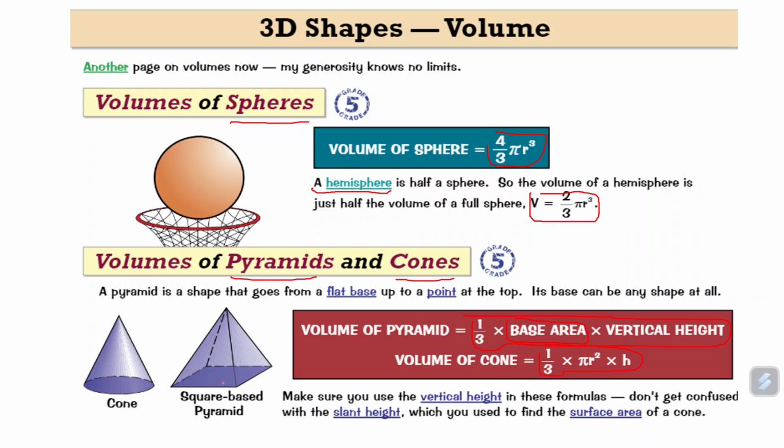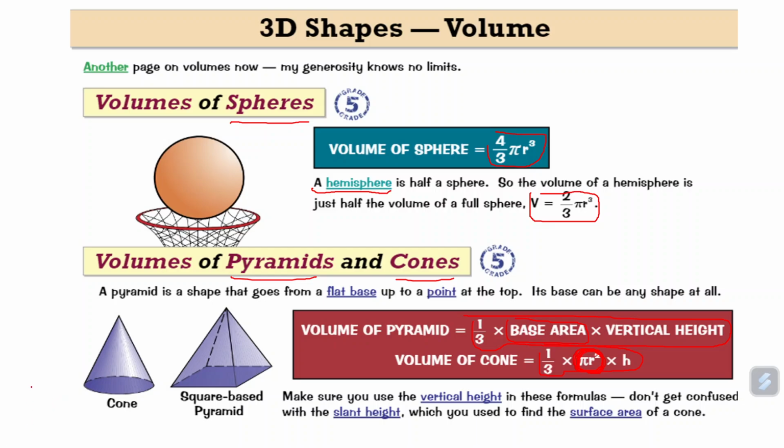You will be told in any question. If you are given any problem, you will be told the type of pyramid. Then this is the volume of a cone. If you notice, this is the formula for the area of a circle, pi r squared. We will appreciate this more when we start looking at exercises.